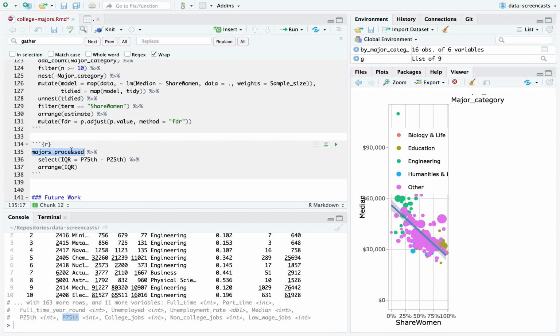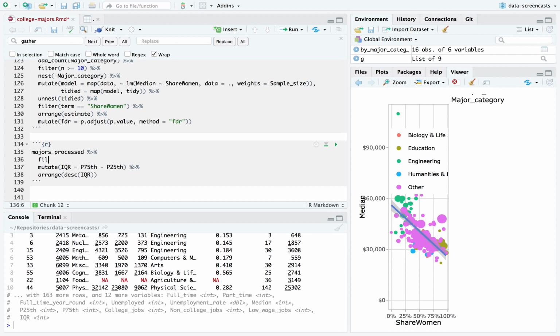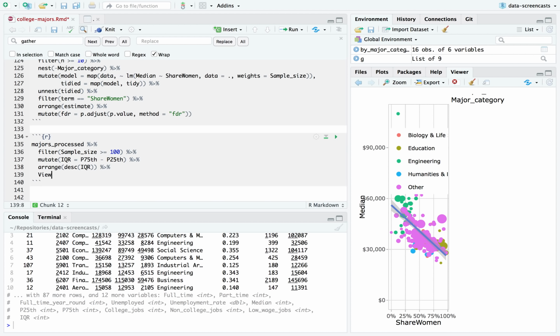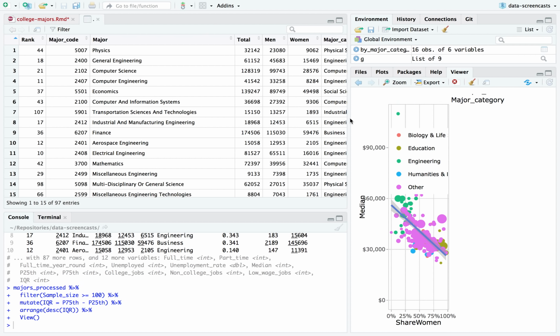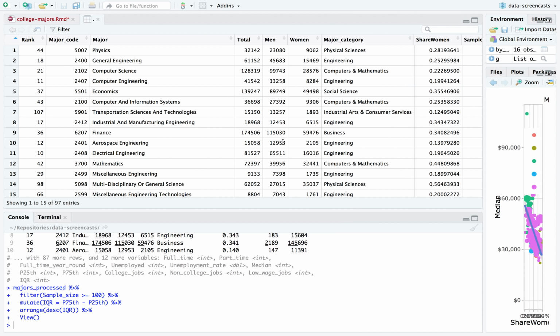Oh, it's mutate. And throw in a filter, sample size greater than 100, because otherwise we're going to be looking at the obscure majors. Here's what I said: which have the greatest interquartile range?